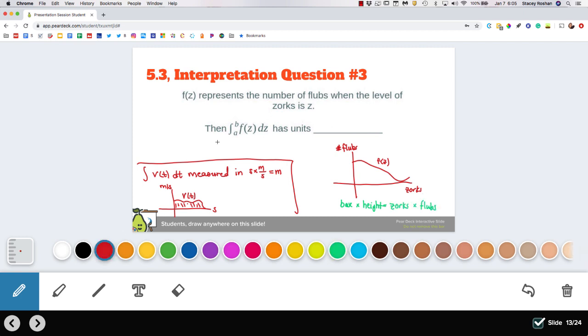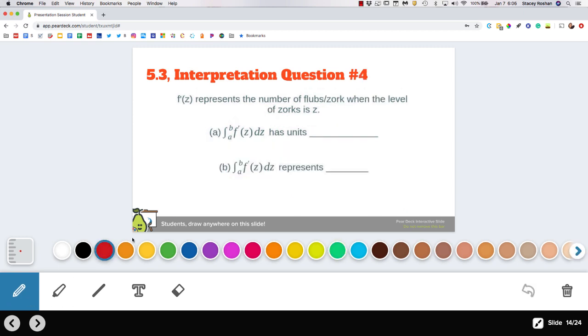This unit is a totally made up example just to be a little bit silly, but also to show you how easy it is to figure out units. You really just do base times height, because that's how we find the area. And remember, it's so important that you remember that this integral is the area under the f of z curve. So important that you remember what it means.